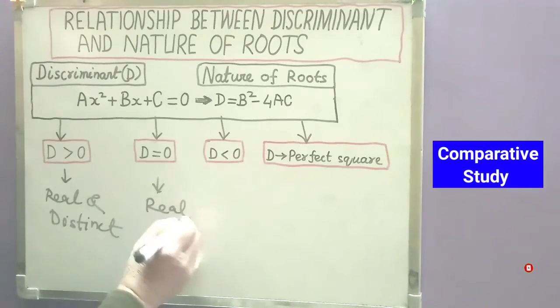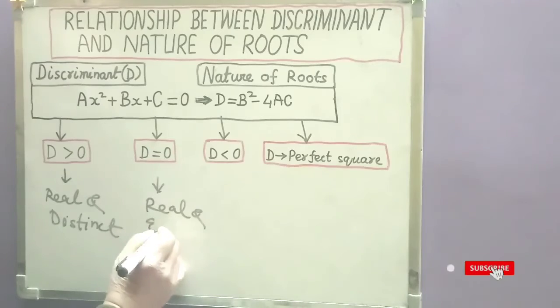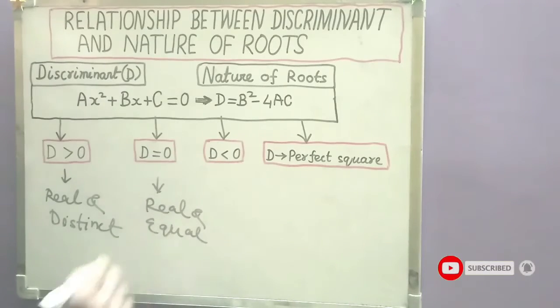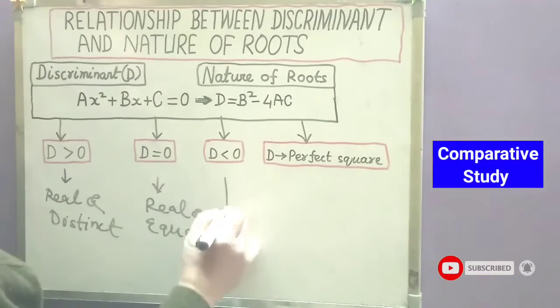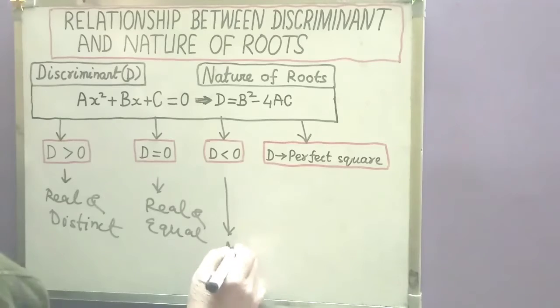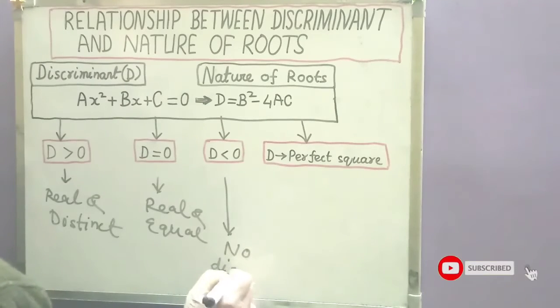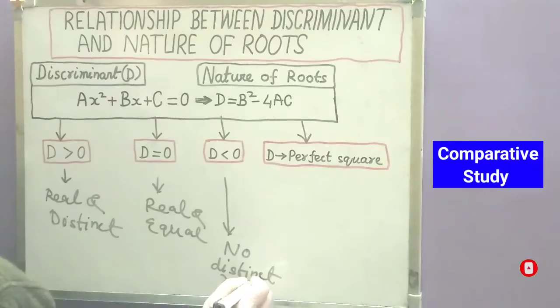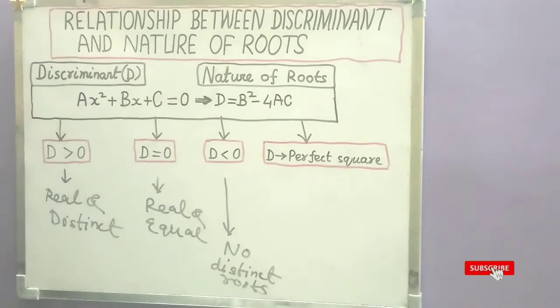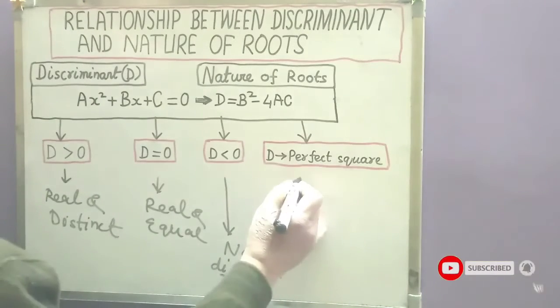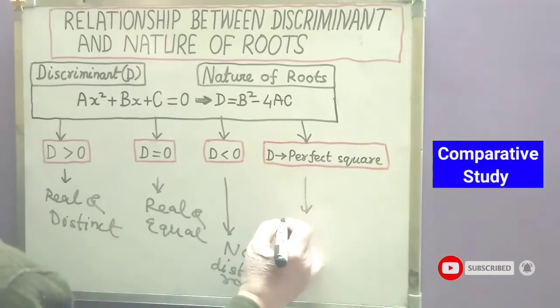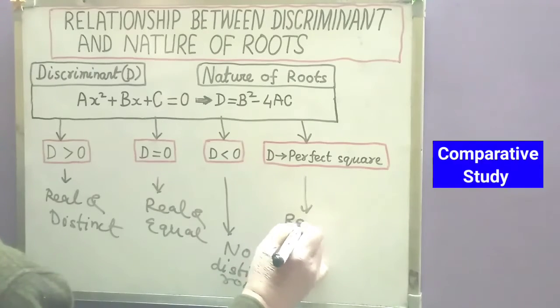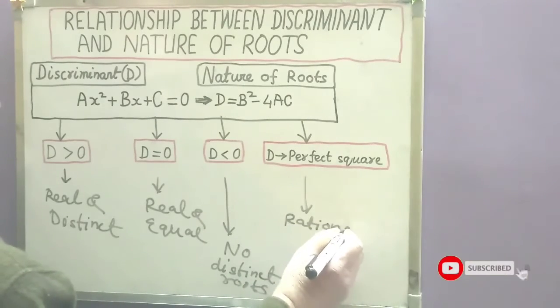If D = 0, both the roots are real and equal. If D is less than 0, there are no real roots, that is, imaginary roots. If D is a perfect square, both the roots are rational and distinct.